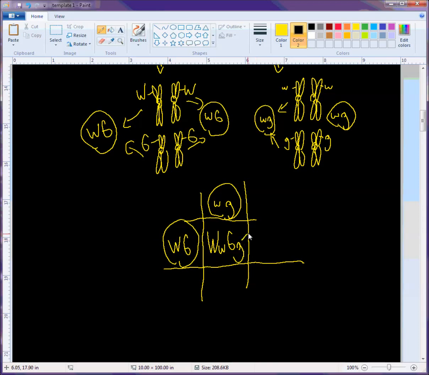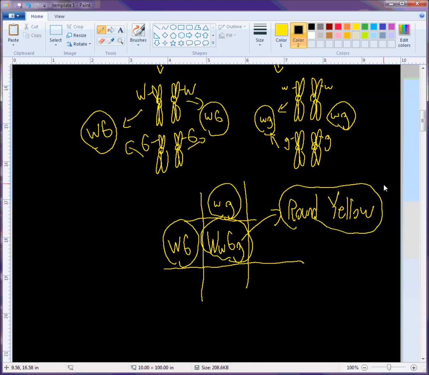Okay, so all the progeny have to have this genotype. And we know that big W is dominant to little w, so they will all be round, because big W gives the plant the round phenotype, and big G gives the plant the yellow phenotype. So all progeny have this genotype, and all are round and yellow.